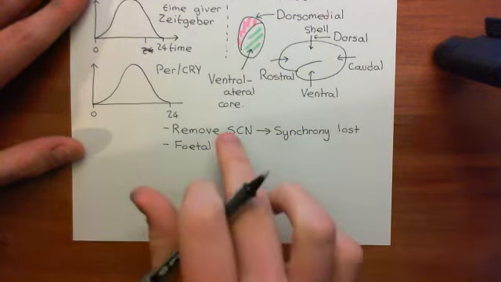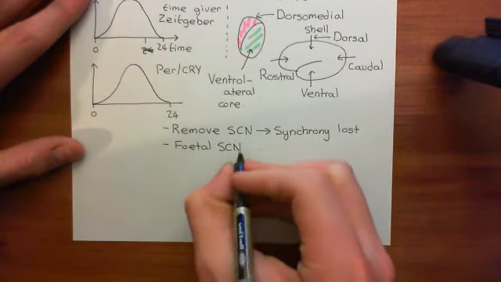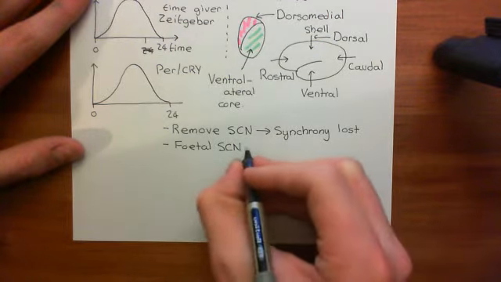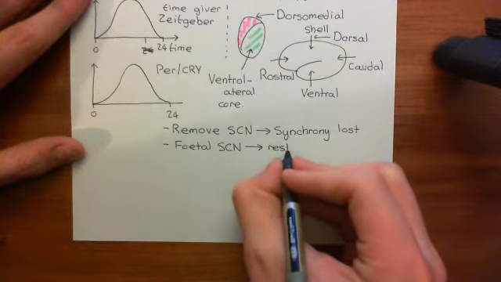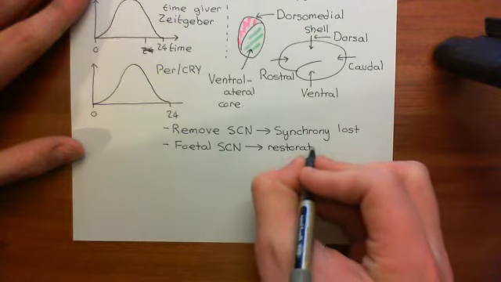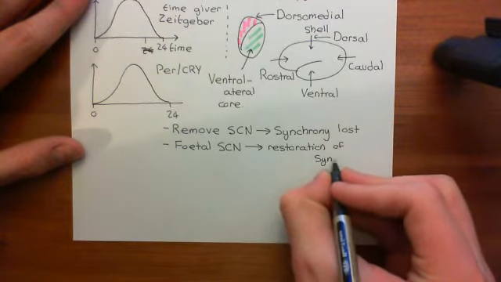Okay, so you take fetal suprachiasmatic nuclei tissue, which will still have the ability to actually divide, you put that back in and it restores the synchrony within a few days. Okay, so restoration of synchrony. So all of the cells start oscillating again in synchrony, basically.